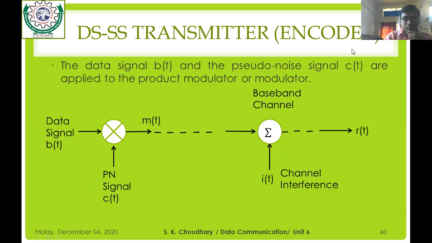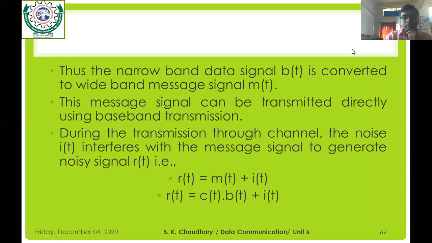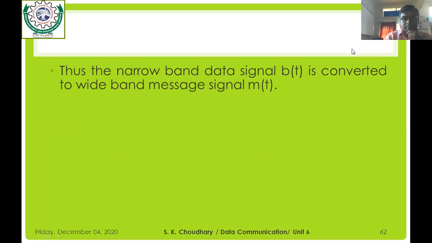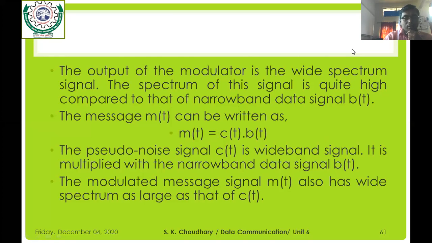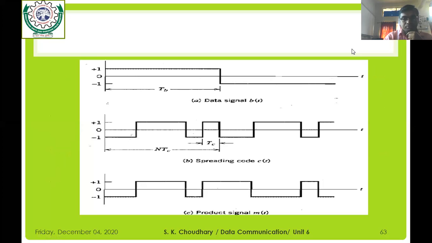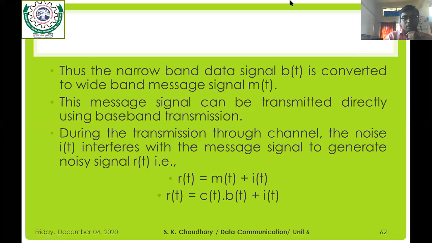The transmitted signal is nothing but the PN sequence signal c(t) multiplied with the basic signal b(t). That signal is passed through the channel, and in this channel some interference noise i(t) is added. Up to this point we have covered equations 3 and 4.